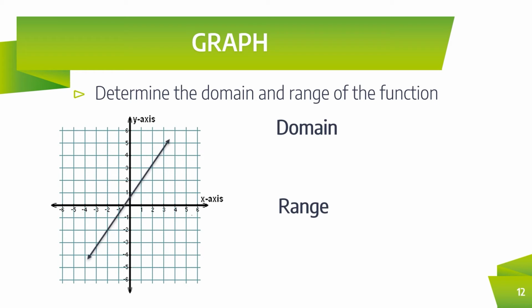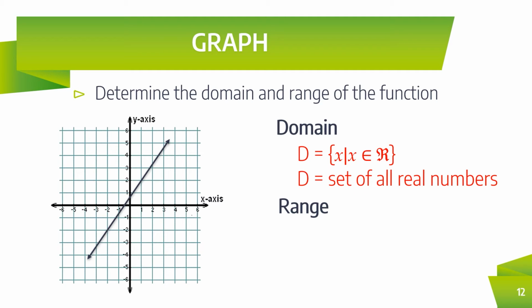As you can see, the arrowheads indicate that the graph extends in both directions. It extends to the left and right without bounds. So, the domain is the set of x such that x is an element of real numbers, or simply the set of all real numbers.